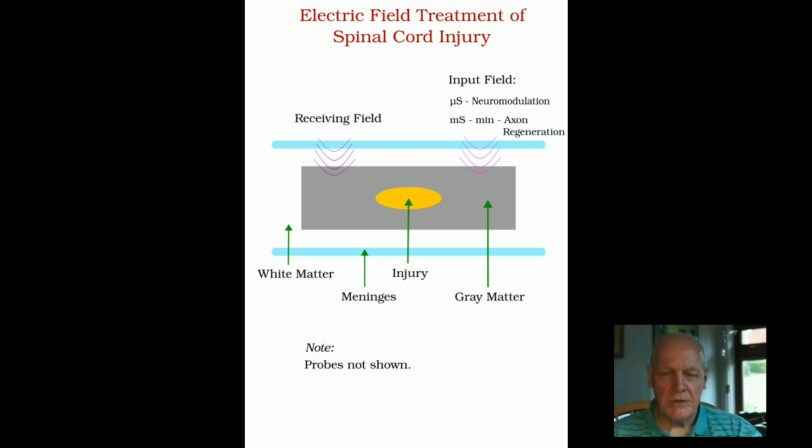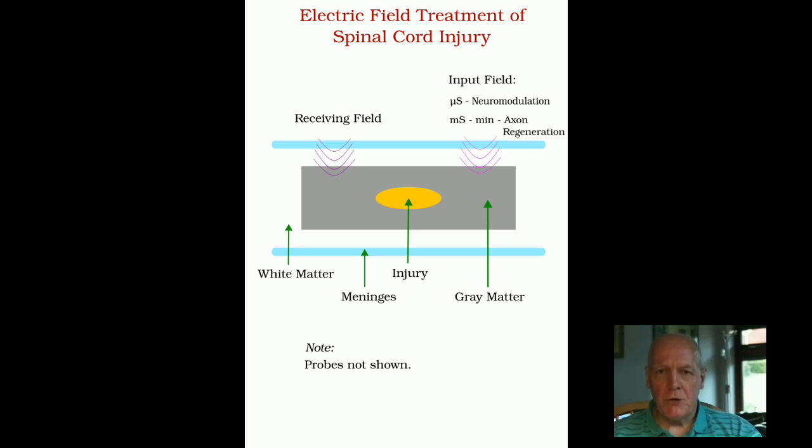Around the grey matter is the white matter, and at the top and bottom you have the membranes which surround the spinal cord. The particular aspect of spinal cord injury which I'll be discussing in this video is to do with electric fields.